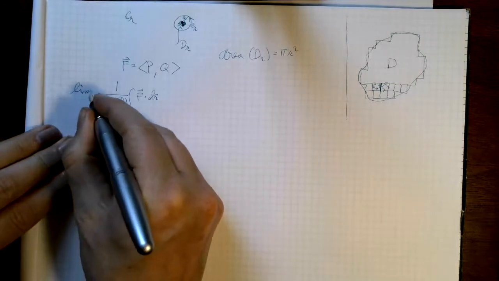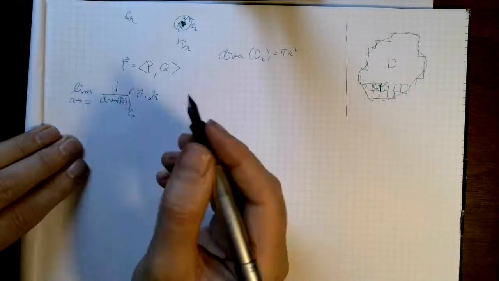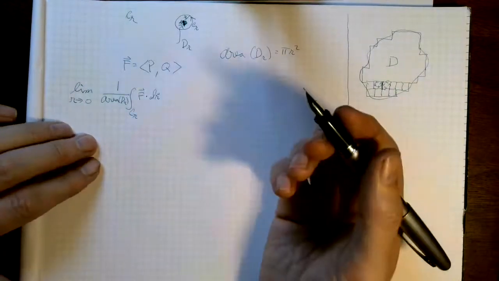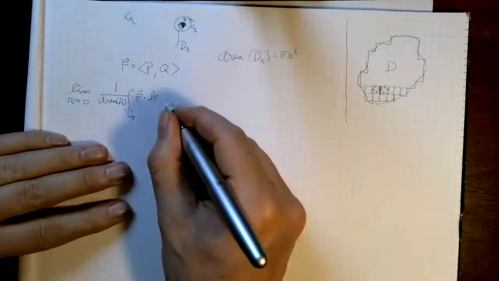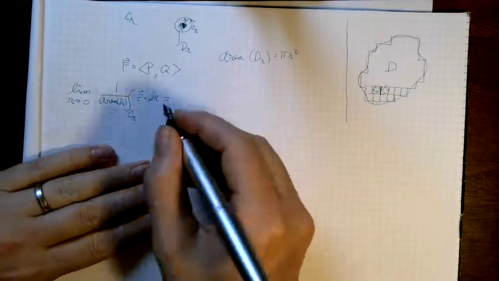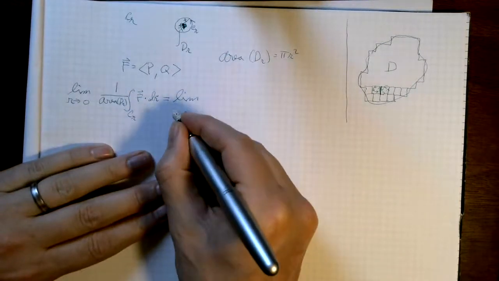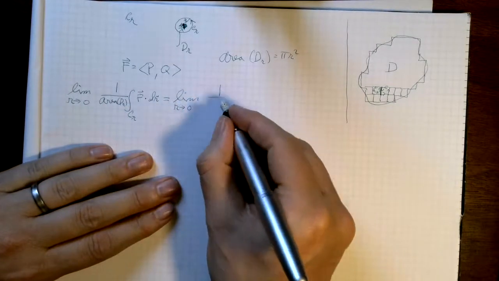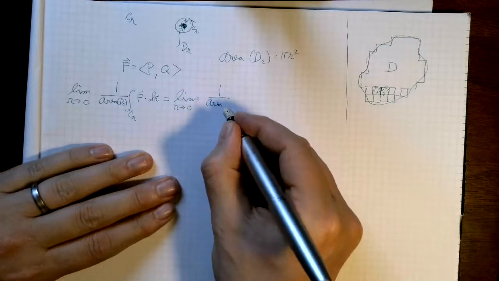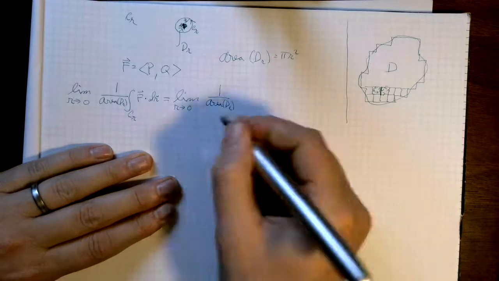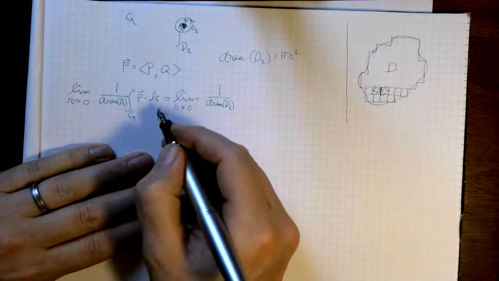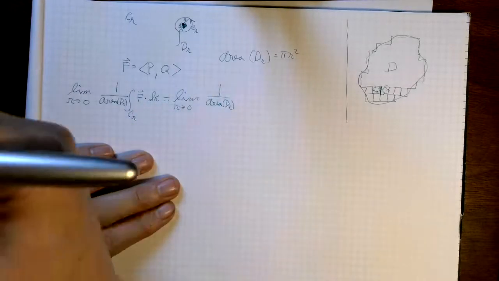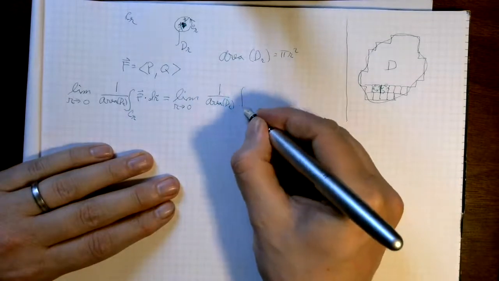So let's take the limit as r goes to 0 of this, right? Well, that would be really hard to figure out, but let's keep this and replace the integral with what we get in Green's theorem.